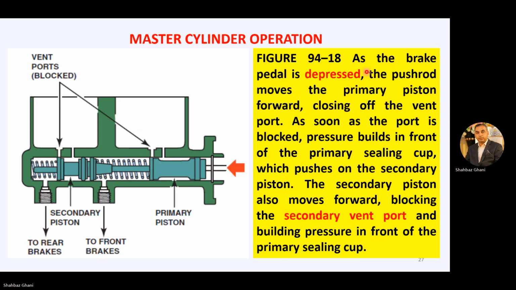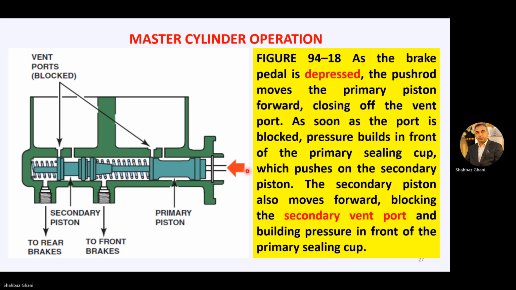As soon as the port is blocked, pressure builds up in front of the primary sealing cup, which pushes on the secondary piston. The secondary piston also moves forward, blocking the secondary vent port and building pressure in front of the secondary sealing cup.